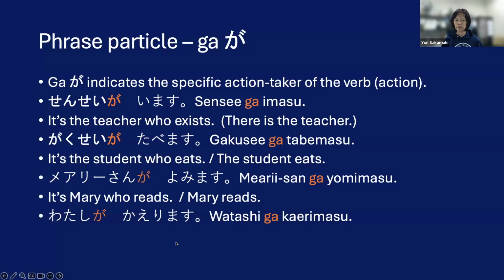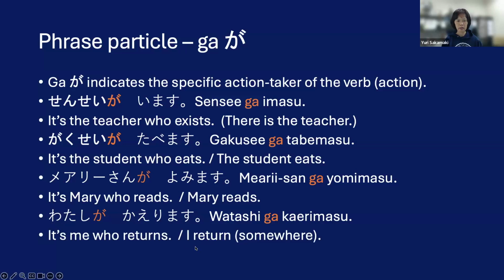We don't know where you're returning, or we can't know where this person is returning to, but again, that's okay. It's me who returns. I return somewhere. So I am the returner. So that's what ga indicates. Ga indicates action doer.